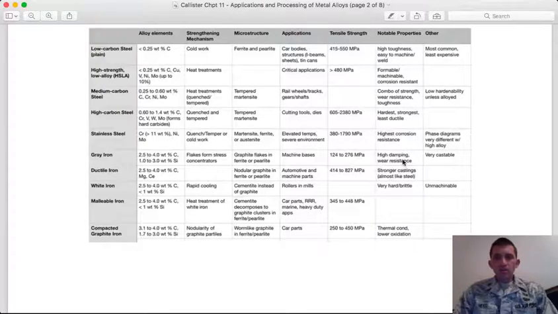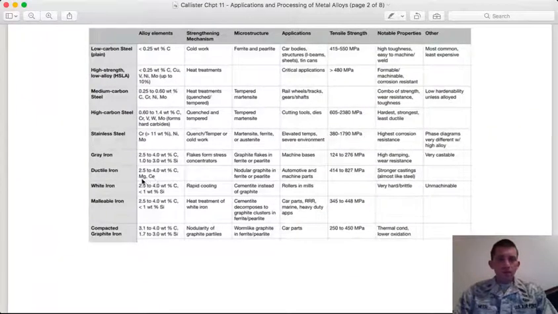But these gray irons are distinguished by having very high damping characteristics, which makes them great, and they're very heavy. So you can make a great base for an industrial machine here, resist vibration, and it is relatively inexpensive.